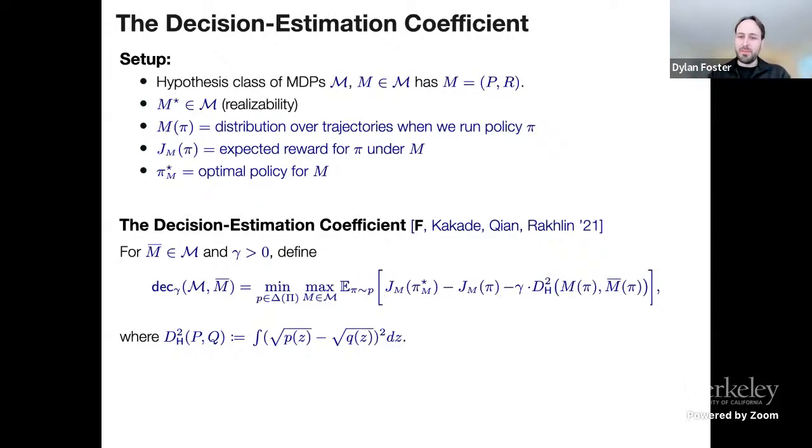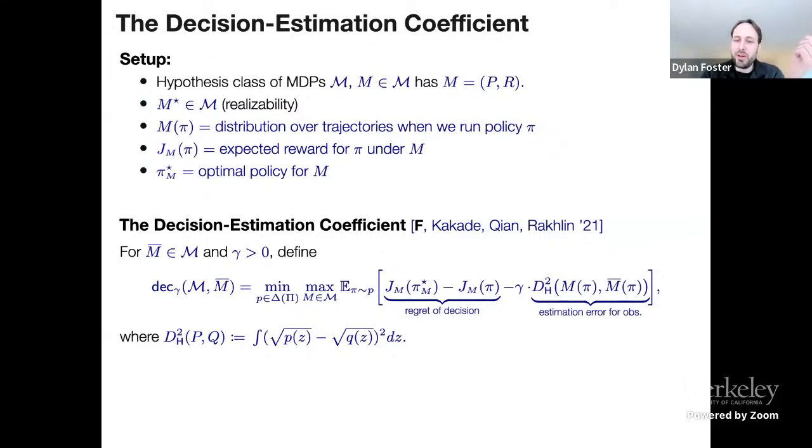This is represented by the min player, such that for a worst case MDP in our class, which is represented by the max player, if we look at the expected value of a policy sampled from the learner's distribution, we are looking at the difference between the suboptimality, or the regret of their decision, which I'm highlighting here, and we want this to be controlled by the estimation error relative to the reference model M bar.